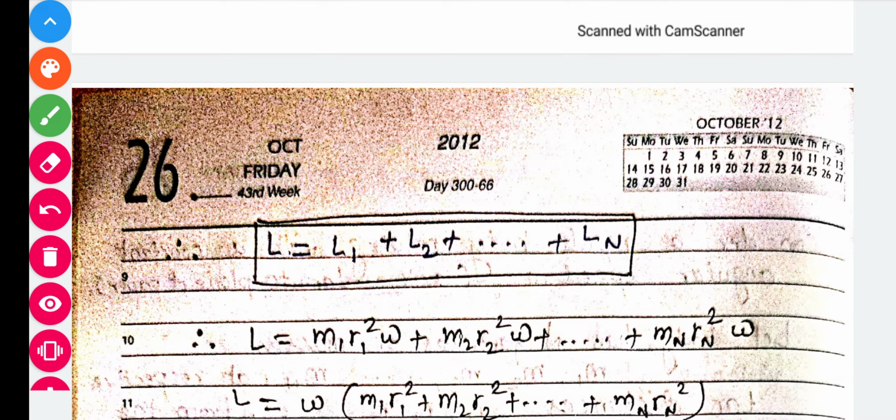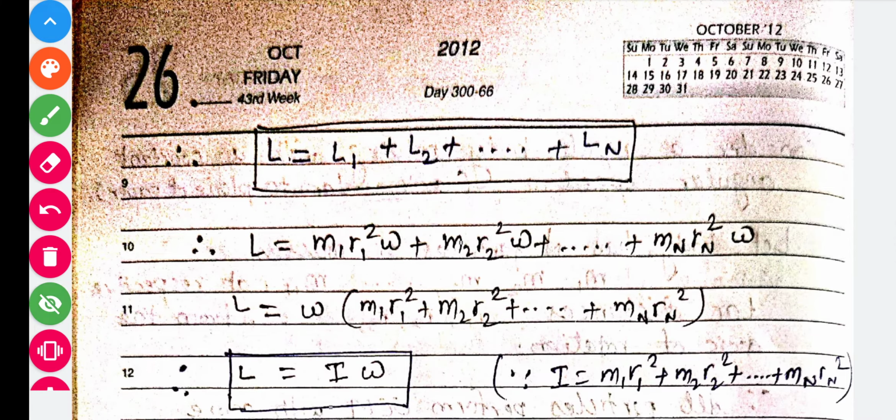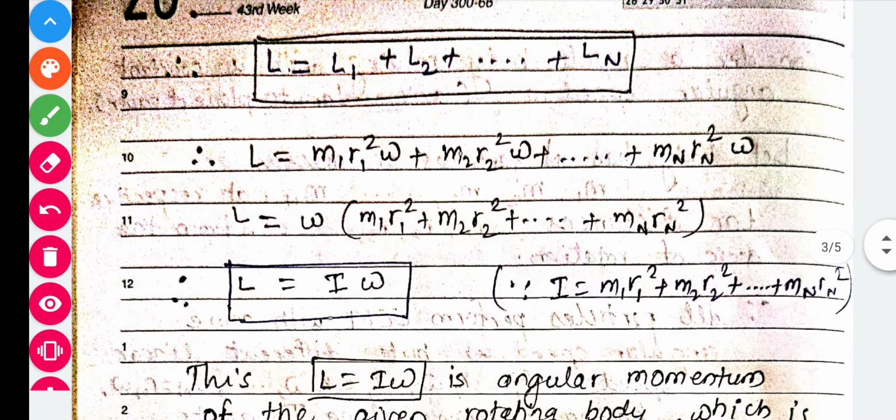As we have L1 equal to m1 r1 square omega, L2 equal to m2 r2 square omega, and Ln equal to mn rn square omega, in place of L1, L2 and so on I have kept these things. Now what is common here? Omega is common in every term, so take it outside.